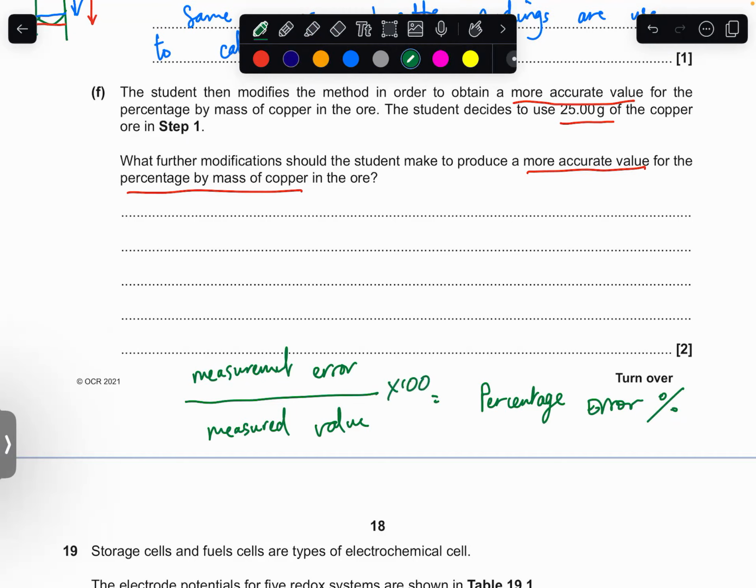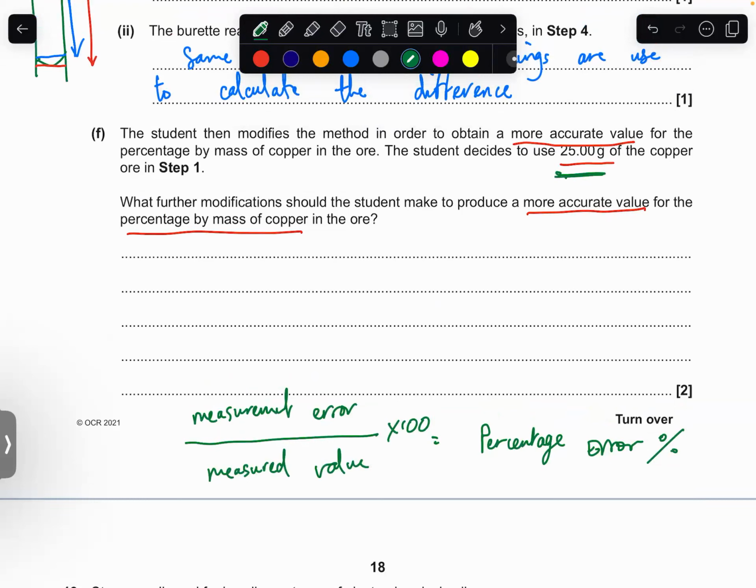So for example, we used a 2 decimal place weighing scale. Let's use a 3 decimal place weighing scale. So this could be one.